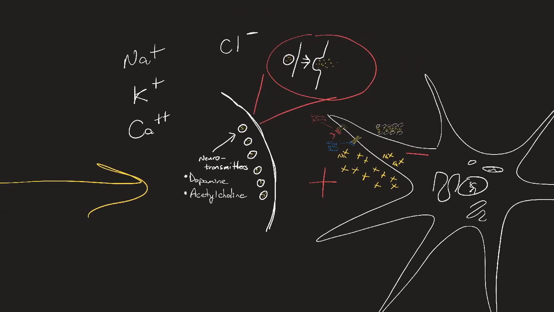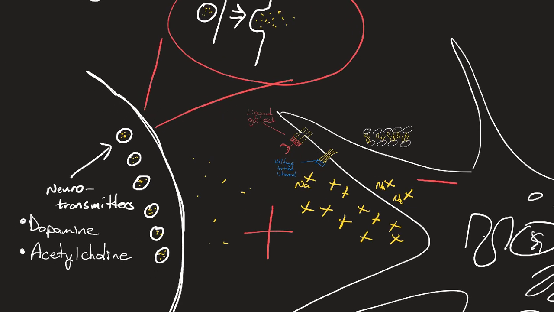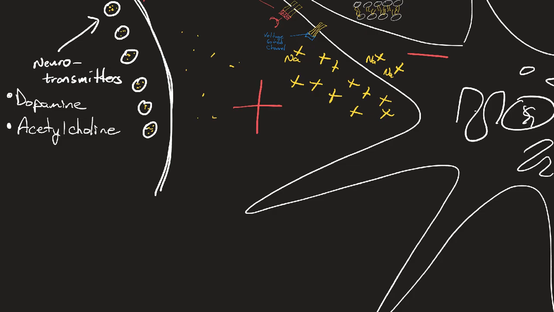So then this acetylcholine gets released into this space. This space in between the two cells is called the synaptic gap.